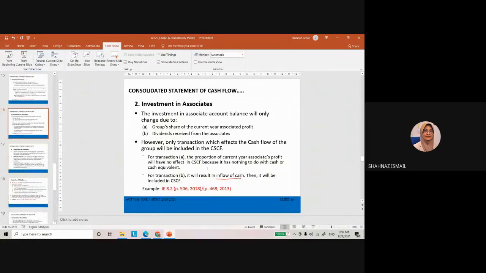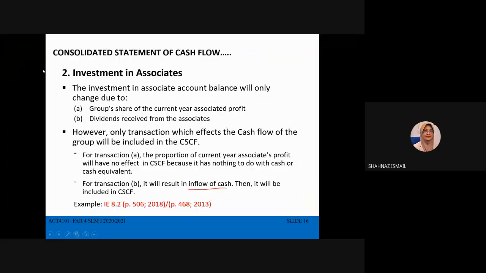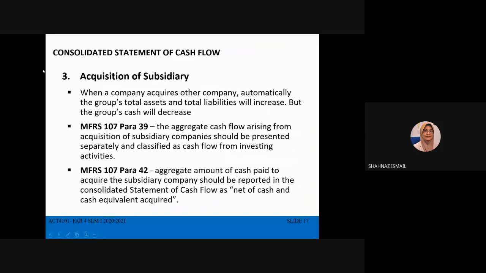Okay. Alright, let's look at the next item, acquisition of subsidiary. So when a company acquires other company, automatically the group's total assets and total liabilities will increase, but the group's cash will decrease. Okay.